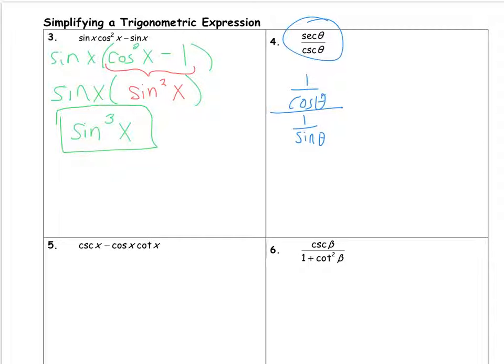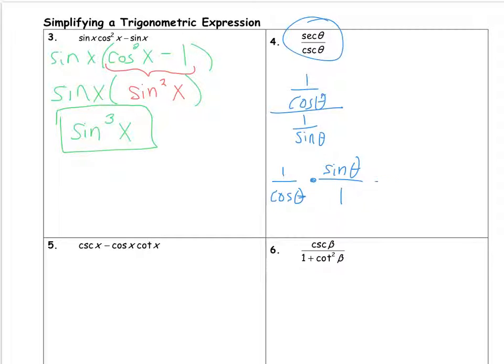It may have looked like I've made this worse than it really is, but hold on a second before you throw in the towel and start getting irritated. Let's break this up. Instead of having it as one giant complex fraction, let's think of it as 1 over cosine theta, times, let's flip that bottom fraction. Let's write that one as sine theta over 1.